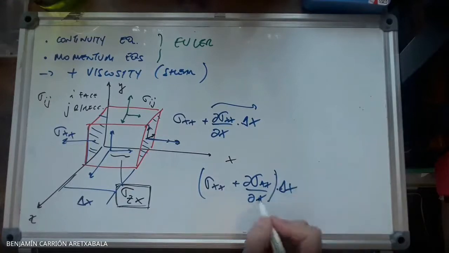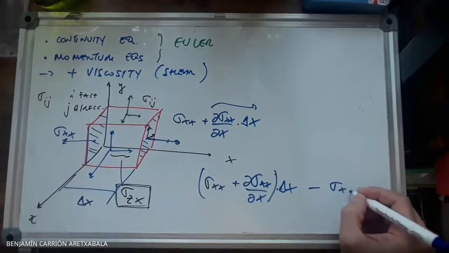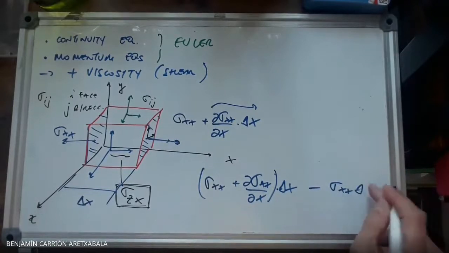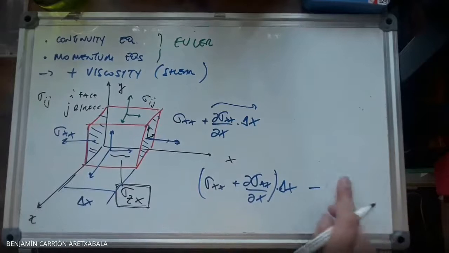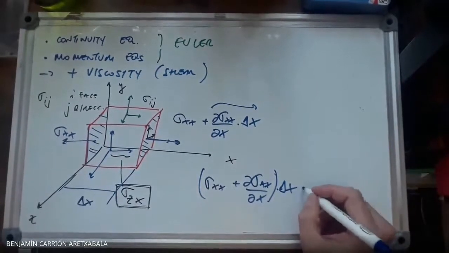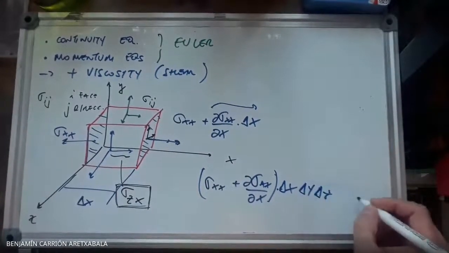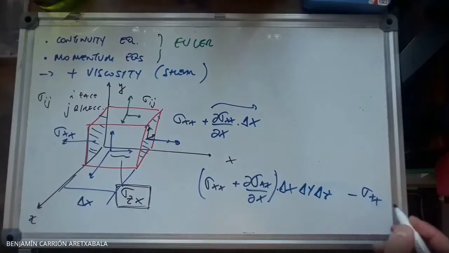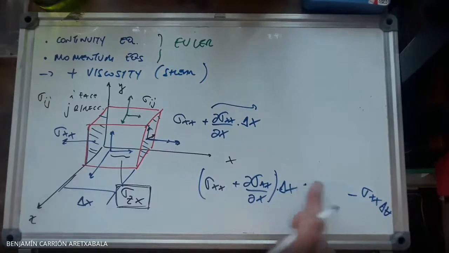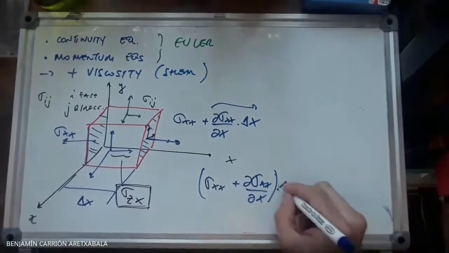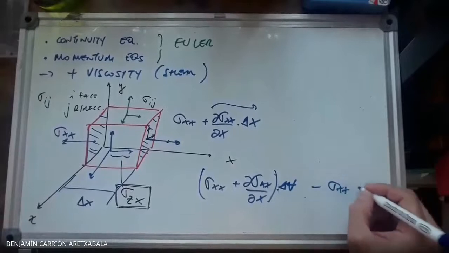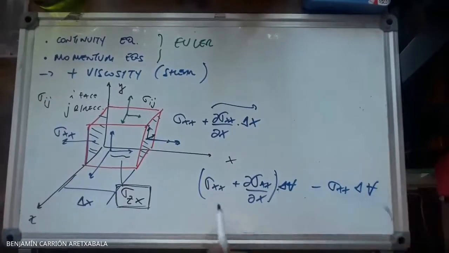Okay, so this is one force, and the other force will be sigma xx times delta y, delta z, and the other is just minus sigma xx times the same. I'm going to use only delta volume. This is delta volume minus sigma delta volume. So you can see this is the force on one side and this is the force on the other side. Now, this is not the only force acting in the x direction.